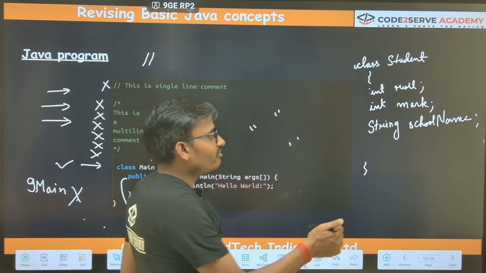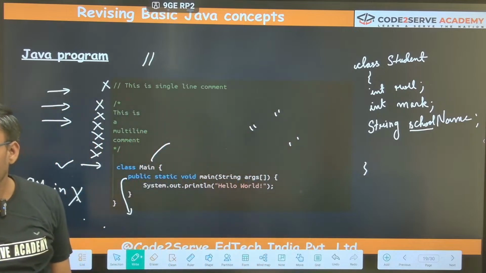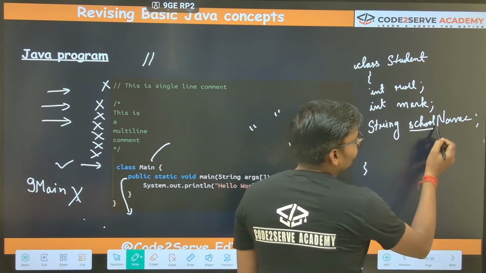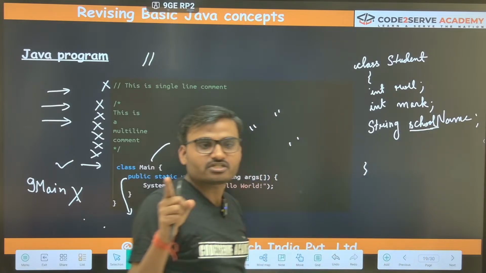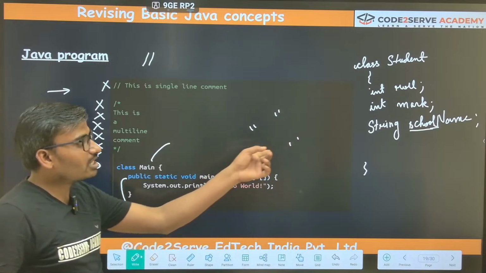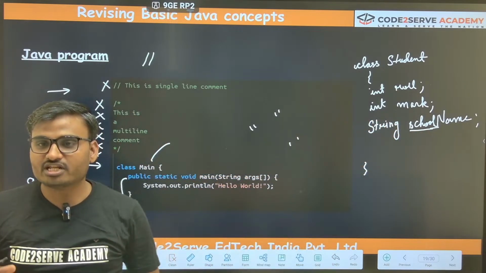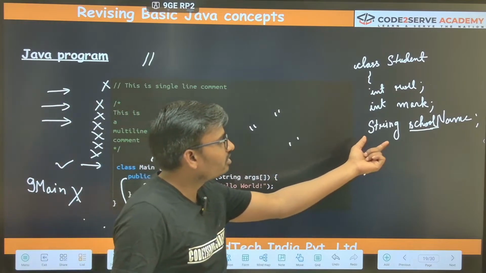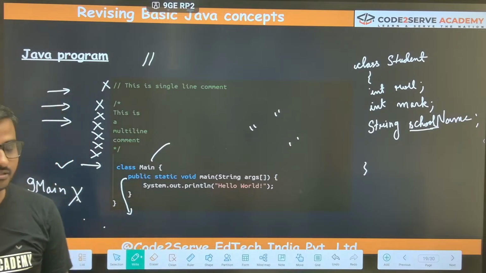Camel case means whenever you have two words, write the first word in small letters, and the first character of the second word should be a capital letter. This makes it easier for other programmers to read and understand what you mean. Got it?